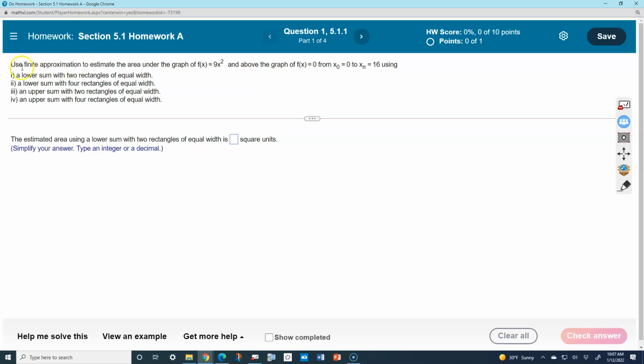This first one says use finite approximation to estimate the area under the graph of 9x squared and above the graph of f of x equals 0 from 0 to 16 using a lower sum with 2 rectangles of equal width, a lower sum with 4 rectangles of equal width. Okay.